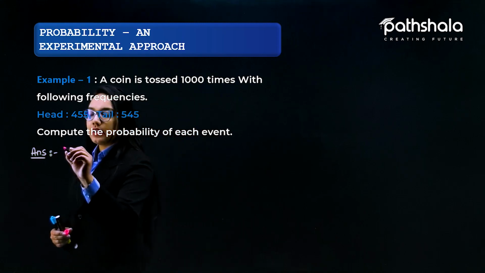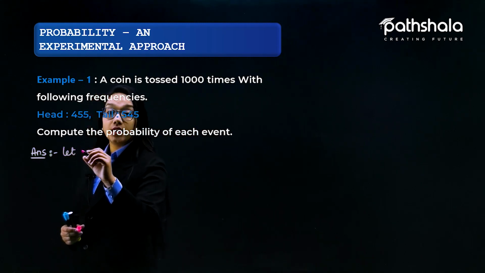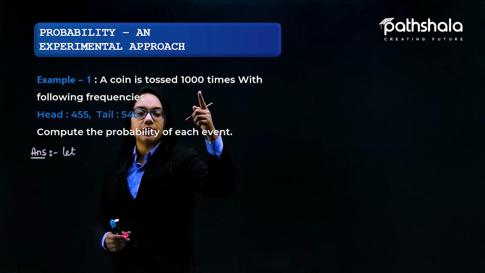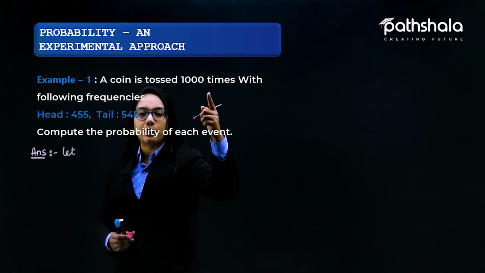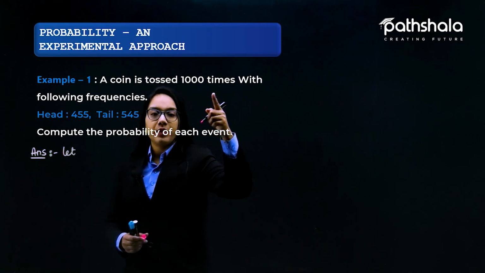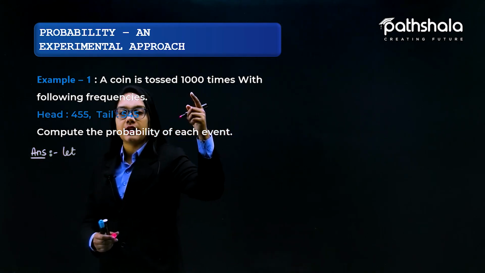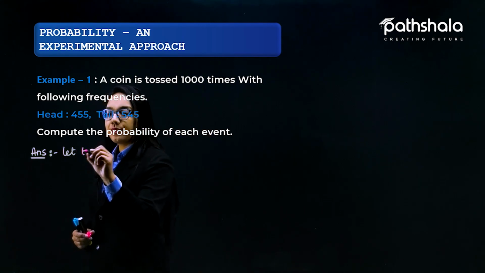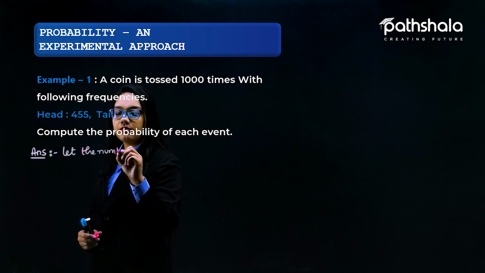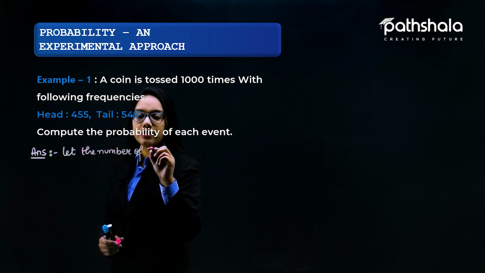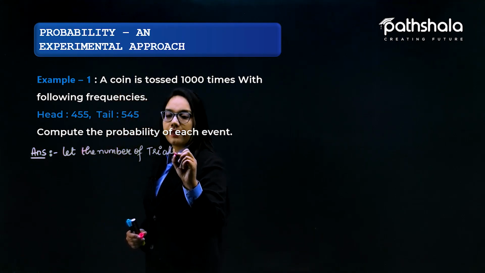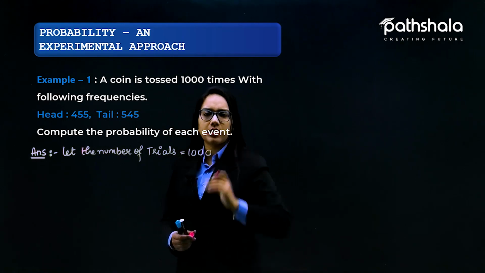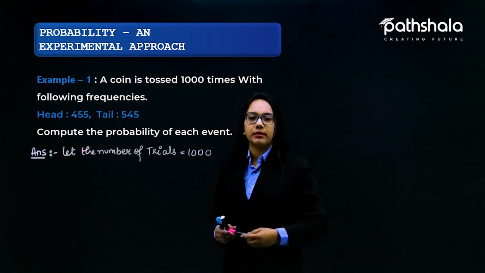So let n be equal to 1,000, because we know that the coin is tossed 1,000 times, so the number of trials is 1,000.